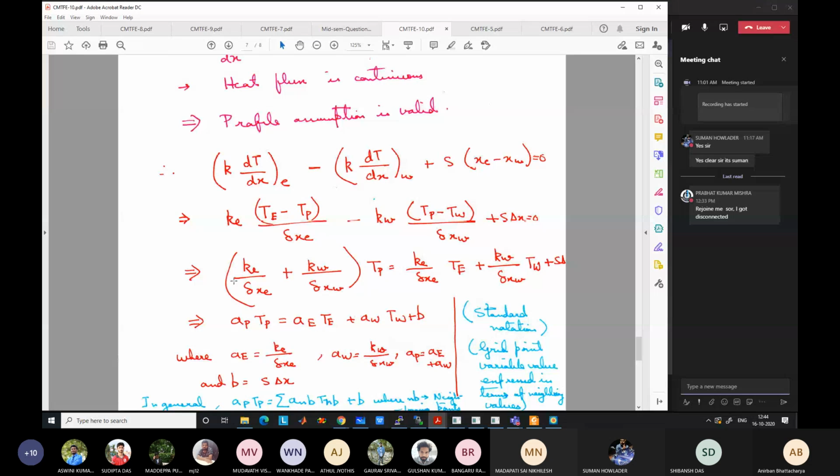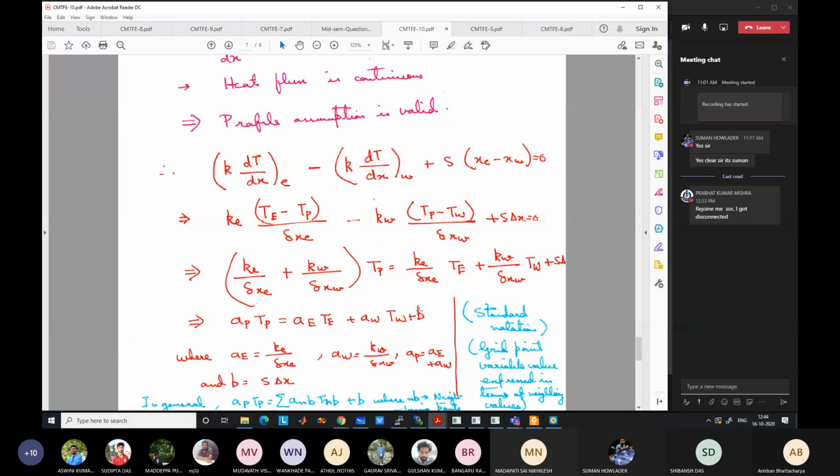And the coefficients are known values. AP is equal to this, and the conductivity and delta Xc are known from your mesh generation, conductivity is known from interpolation. AE and AW are also known. So these are known as the coefficients of this discretized equation. AP, AE and AW, all these are known values. B also is known because the source term is known and delta X is known.